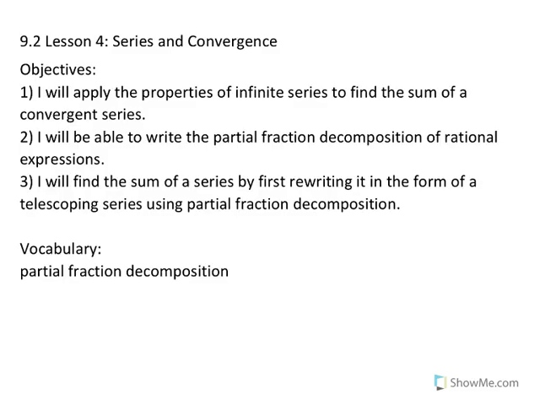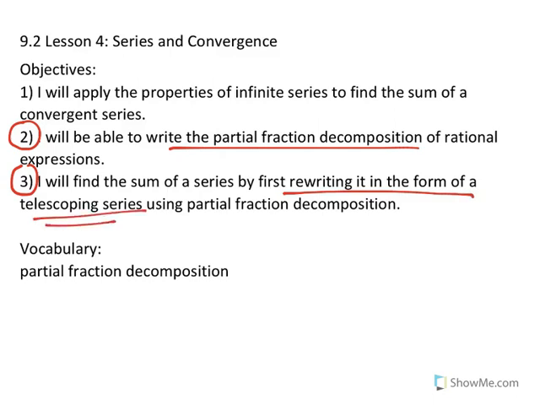So when we take a look at our objectives, we just achieved objective 2. You'll be able to write the partial fraction decomposition of rational expressions. And why do we do that? So that you can find the sum of a series by first rewriting it in the form of a telescoping series using partial fraction decomposition. And of course, we've already done work with telescoping series yesterday. So the rest of this lesson is just doing the same thing that we did yesterday.